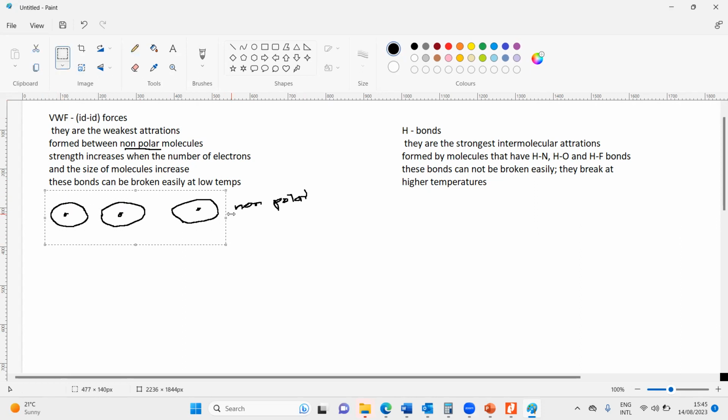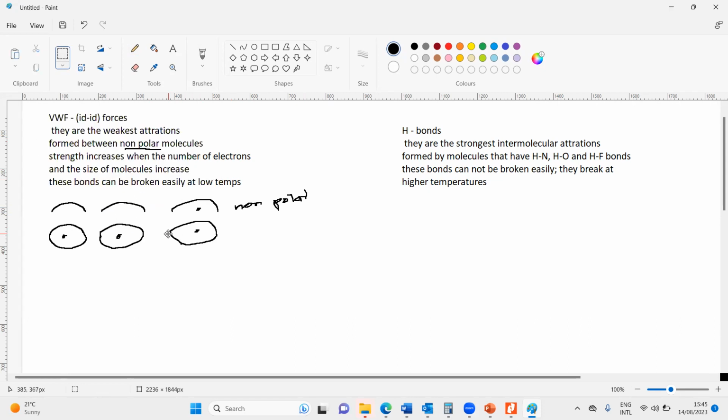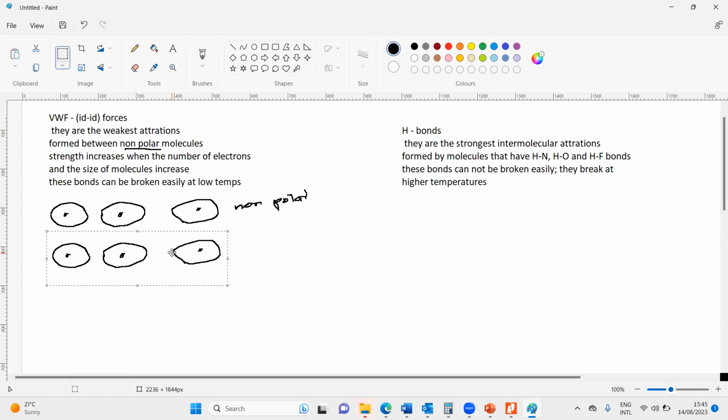These non-polar molecules, or any molecule you want, contain electrons, and these electrons show constant movements. Electrons do not stay in a particular place. Electrons always move here and there. Just imagine the electron distribution in the middle atom.